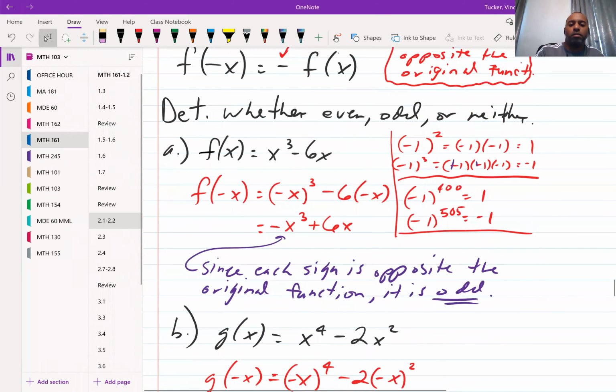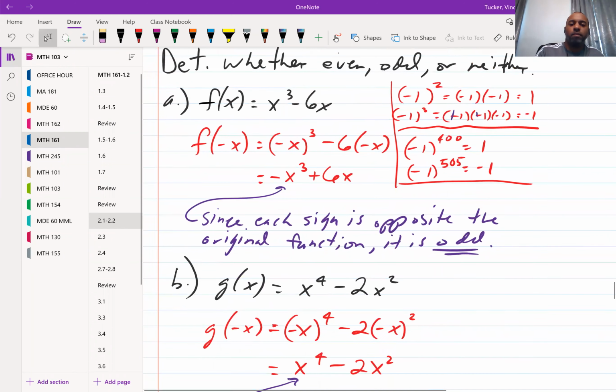All right. So here we have g of x is equal to x to the fourth minus 2x squared. All right. So plug in negative x.